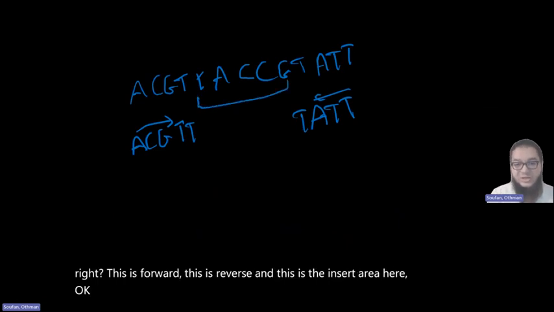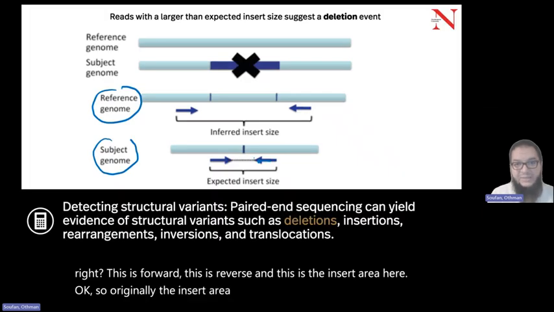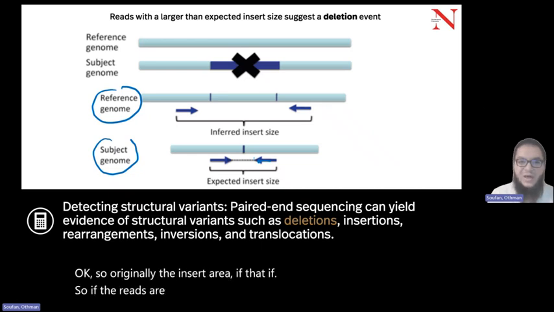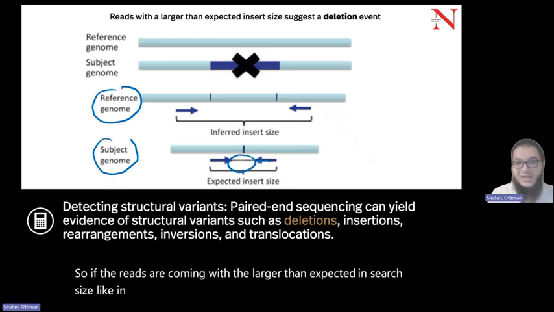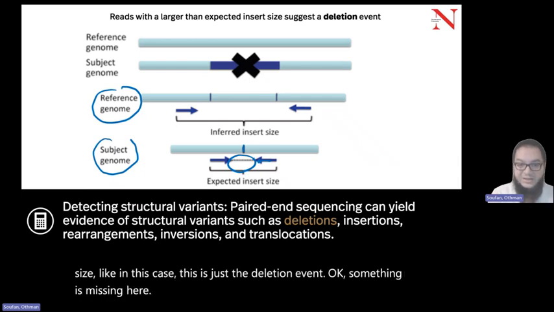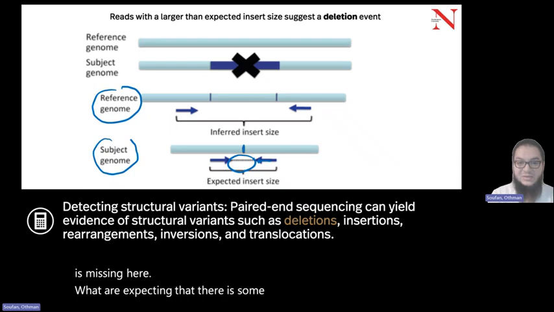So originally the insert area, if the reads are coming with a larger than expected insert size, like in this case, this is just a deletion event, okay? Something is missing here. We are expecting that there is some distance. So this refers, of course, to a deletion event.